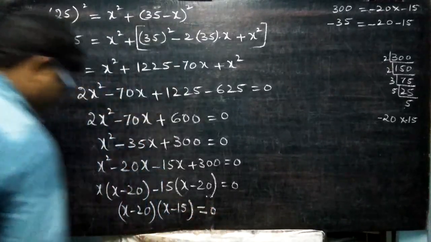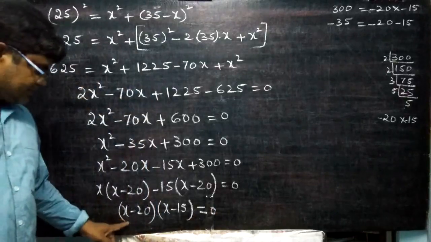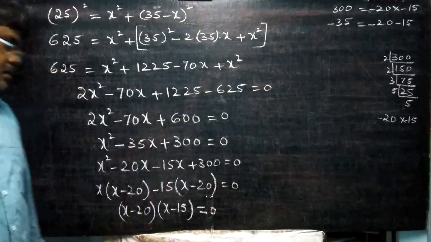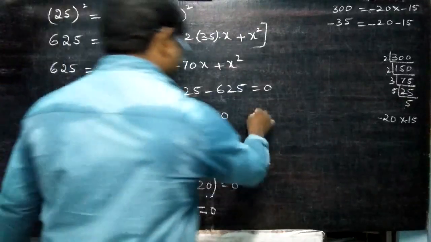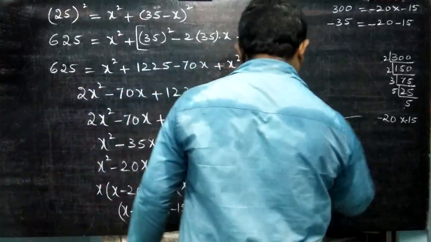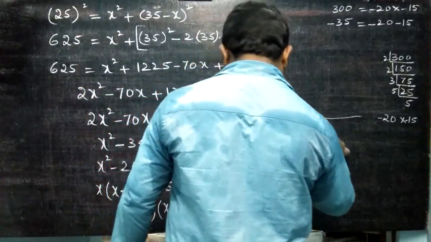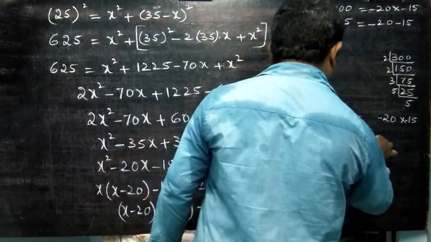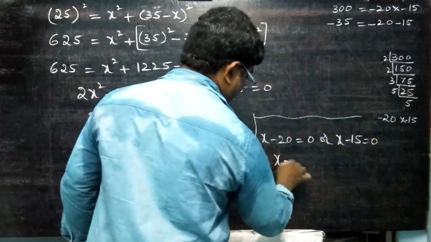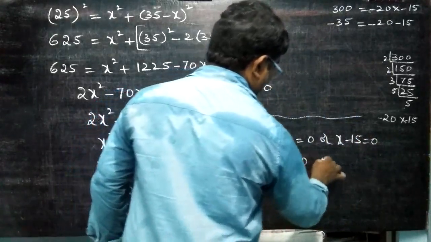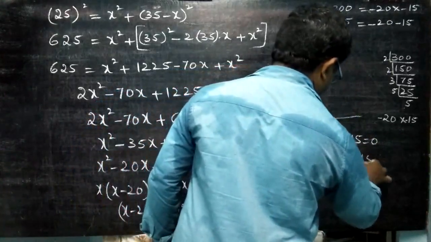When will it be 0? Either x minus 20 is equal to 0 or x minus 15 is equal to 0. x is equal to 20 or x is equal to 15.